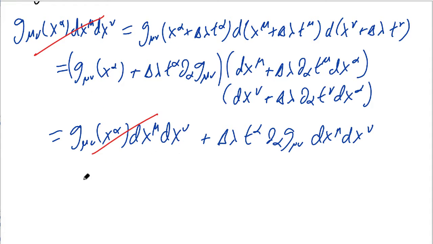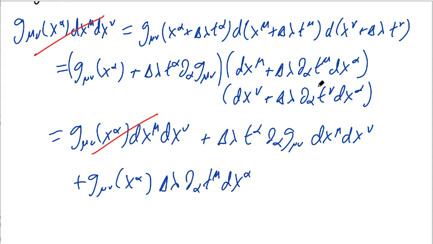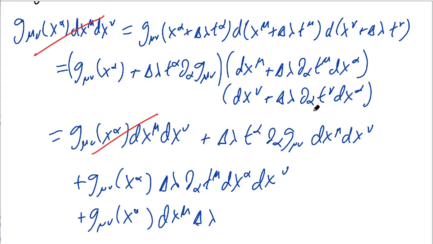We have the term g mu nu of x times this factor, delta lambda partial alpha t mu dx alpha times this factor, dx nu. And finally, we have g mu nu at point x times dx mu times this factor, delta lambda partial alpha t nu dx alpha.